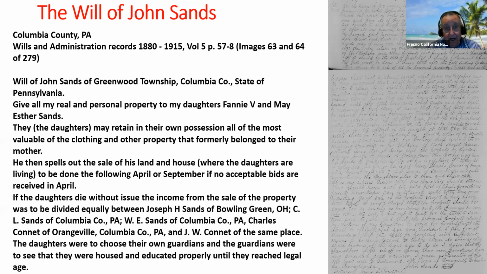If the daughters die without issue, then the income was to go to his brothers and his wife's brothers, Charles and J.W. Conant. And the daughters were to choose their own guardians, which was something that had to be done in Pennsylvania.